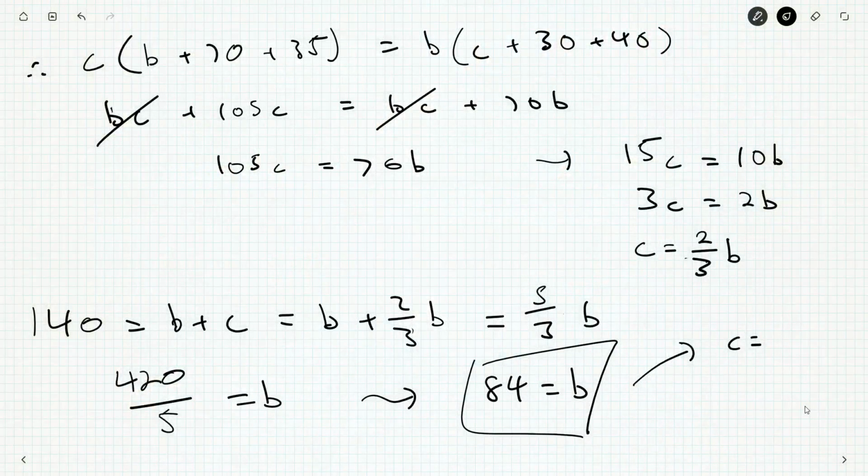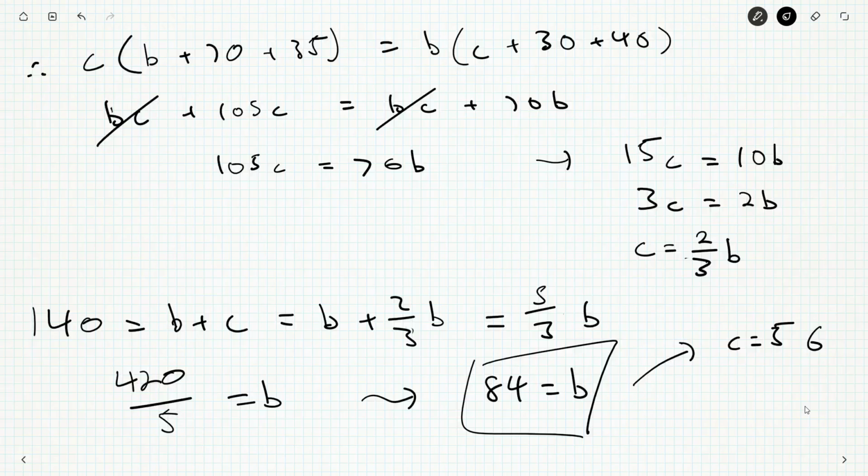What would my C value be? It's going to have to end in a 6, and that'll carry this up to 90. So it'll be 56, and if I multiply this by 3, I get the same as 84 multiplied by 2. They're both going to be 168.